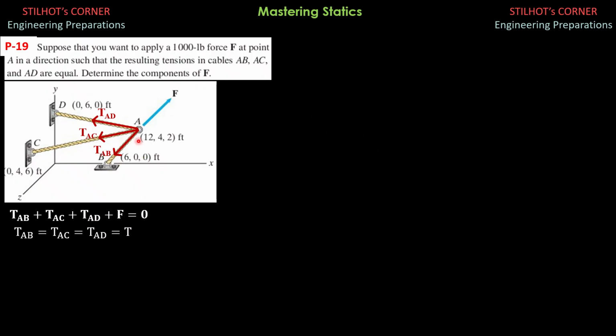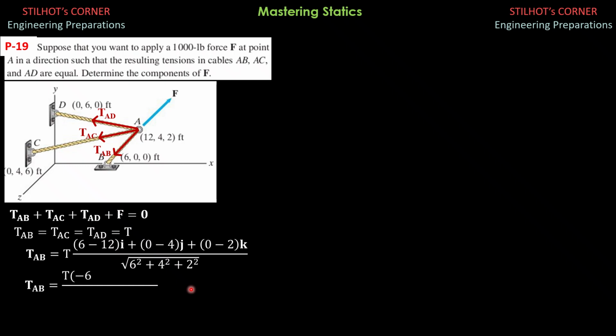So for the vector representation of AB, tension AB is equal to T times quantity 6 minus 12I plus 0 minus 4K plus J plus 0 minus 2K over square root of 6 square plus 4 square plus 2 square. Simplifying, tension AB is equal to T times negative 6I minus 4J minus 2K over square root of 56.